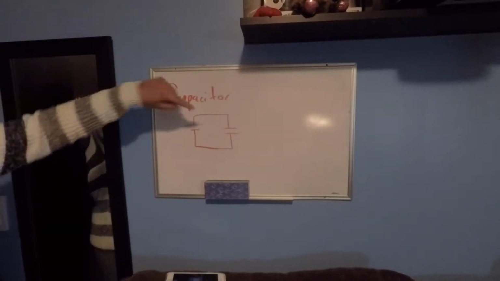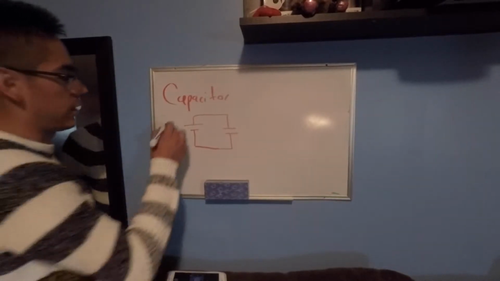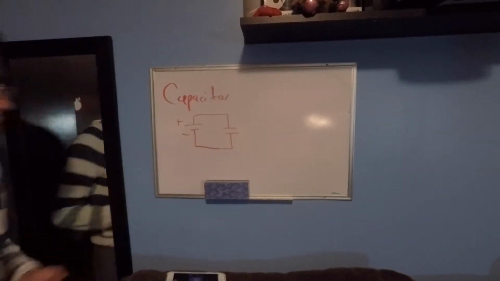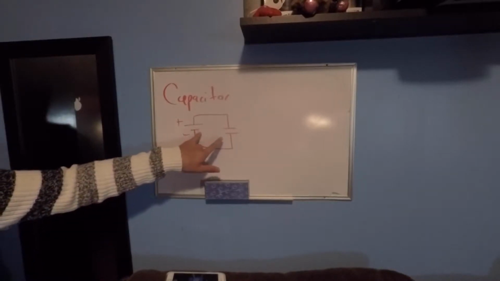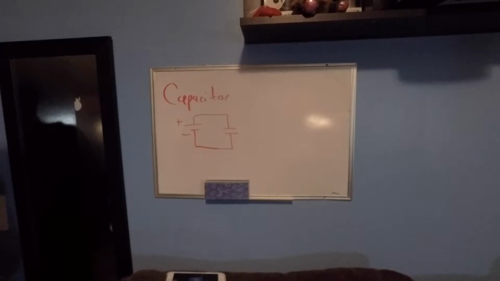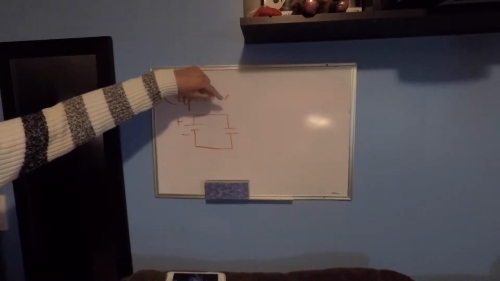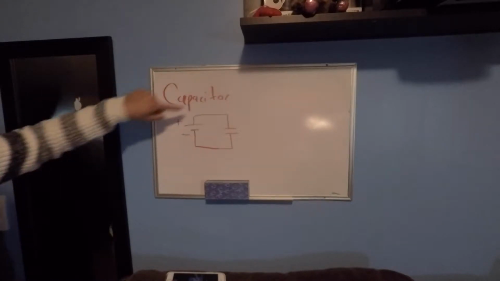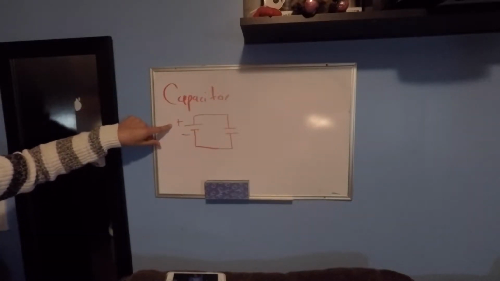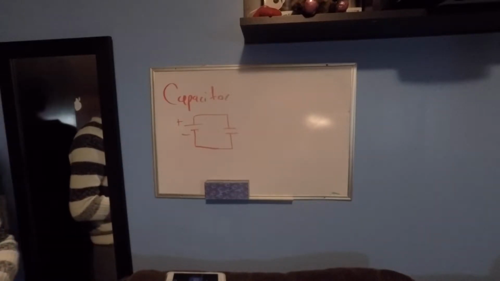The plate on the capacitor that attaches to the negative terminal of the battery accepts the electrons that the battery is producing. The plate on the capacitor that attaches to the positive part of the battery loses electrons.